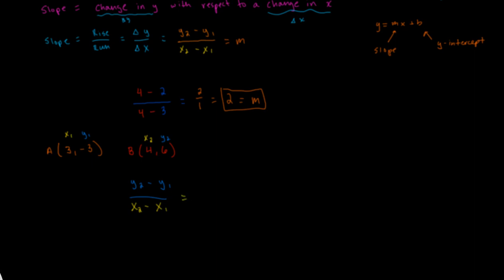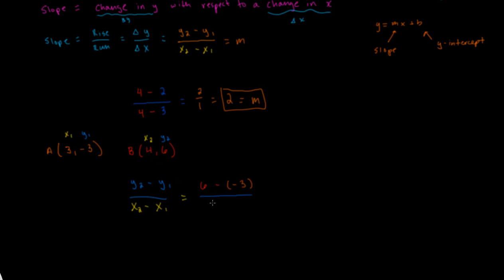So y2 was a positive 6, minus our y1, which is negative 3. And then our x2, because this is all over, let's use a different color here. This was all over x2 minus x1.